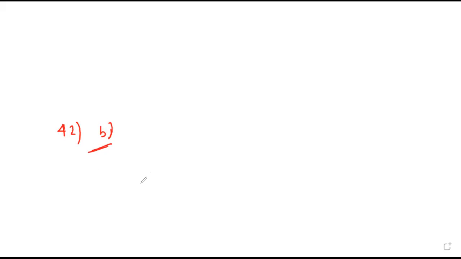First you will get the part below the water, then you will subtract it from 1. Yes, is it coming 2 by 11? Yes, sir. So the 42 answer is B.